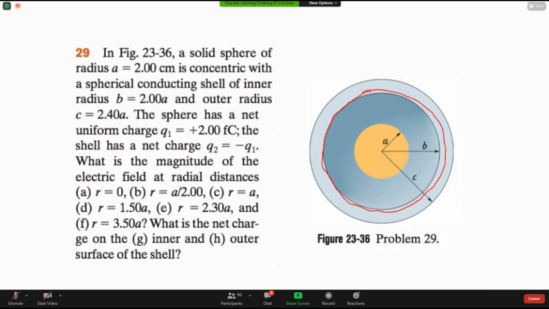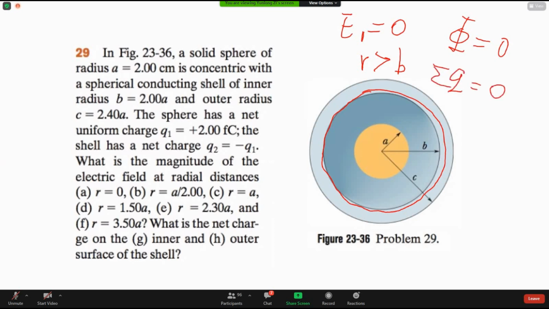If you build a Gaussian surface with R slightly larger than B, it is already inside the shell, so the electric field is 0. So the total flux is 0, so the total enclosed charge must be 0.